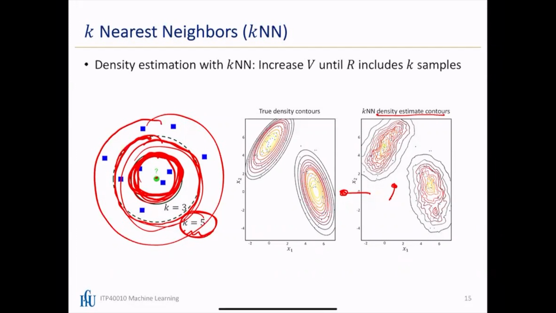But before you make any decision, KNN is also an estimator for density. The KNN density estimator works by first deciding the number of neighbors. So K is 3, this is the size of the bin. K is 5, this is the size of the bin, and so on.